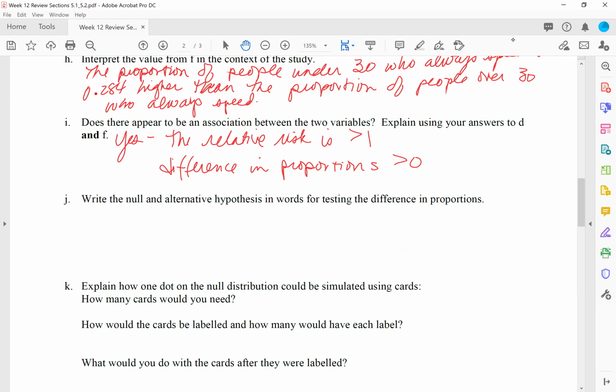So when we're testing for the difference in proportions, we're always assuming that there is no difference or there is no association.